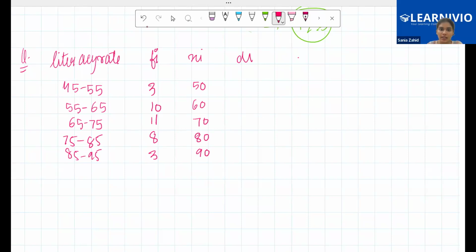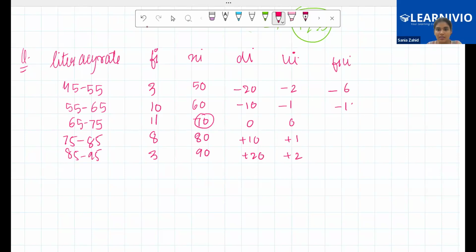Now we can calculate di with the help of 70. So first you get minus 20, minus 10, 0, plus 10, and plus 20. Now you can also calculate ui value. ui value will be minus 2, minus 1, 0, plus 1, and plus 2. So fi ui gives you minus 6, minus 10, 0, plus 8, plus 6.